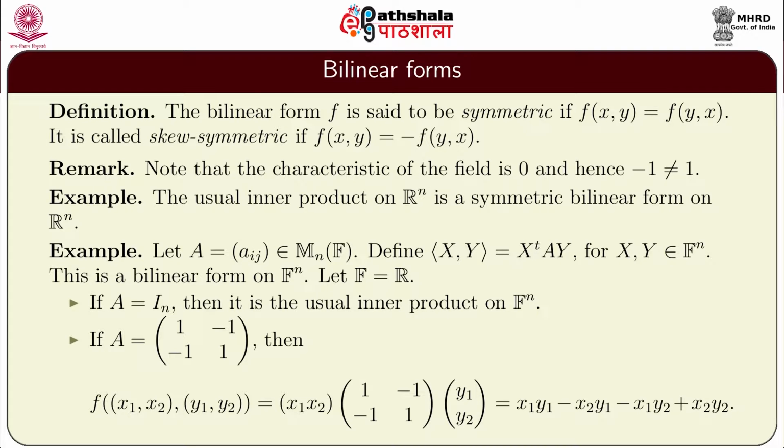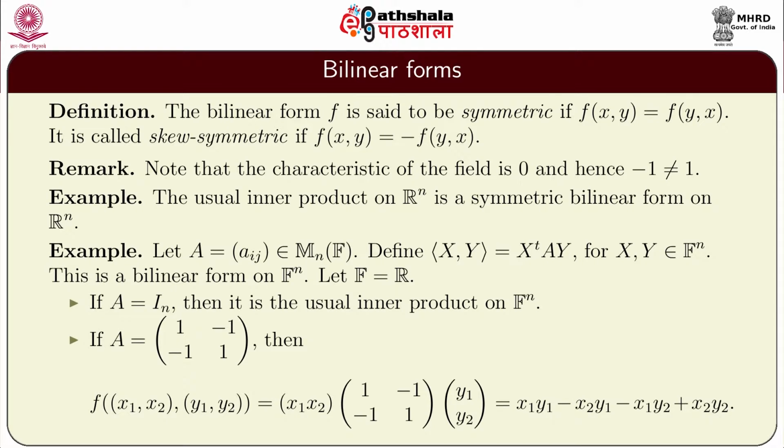Now, for x, y in Fn, define the bilinear form to be inner product x y is equal to x transposed A y. Now, you can see that this is indeed bilinear, that means linear with respect to each variable, and this is a bilinear form on Fn.